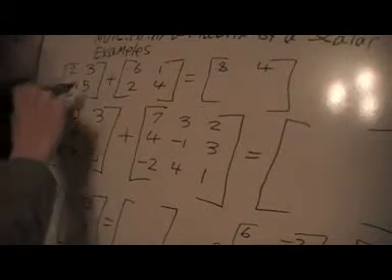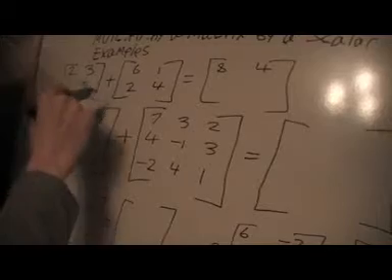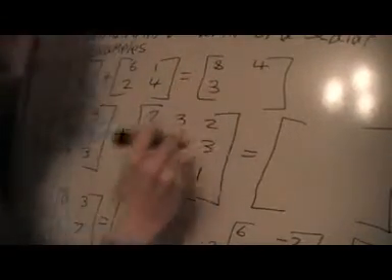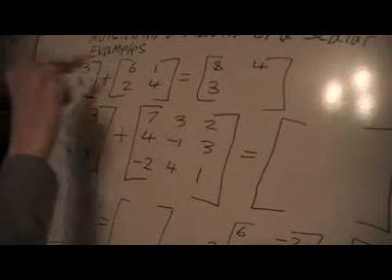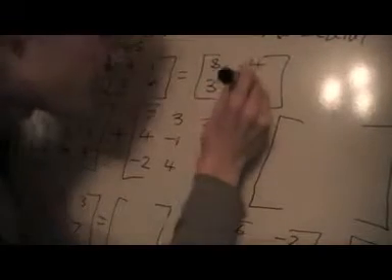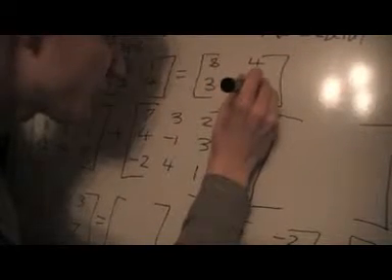I put a 4 in that same position. I've got a 1 there, a 2 there. I add 1 and 2, which is 3. I put the 3 right here, in this position. I've got a 5 there, and a 4 there. That's 9. I put the 9 in this position here.